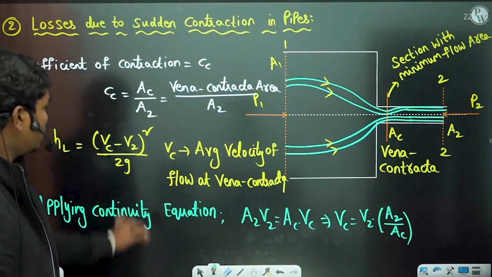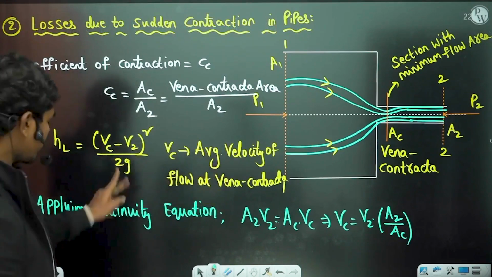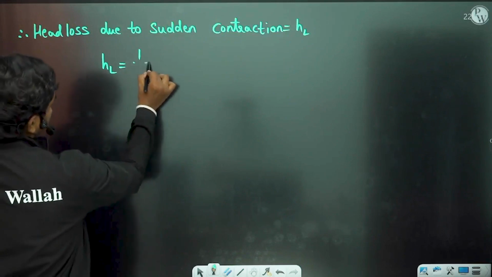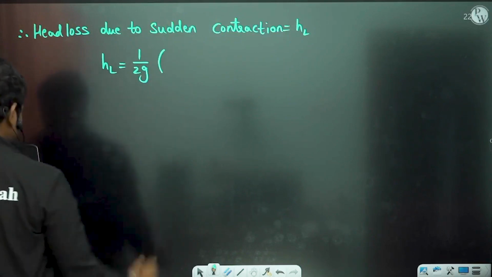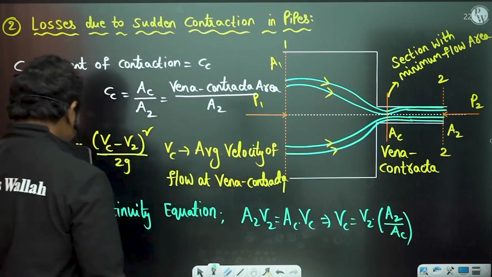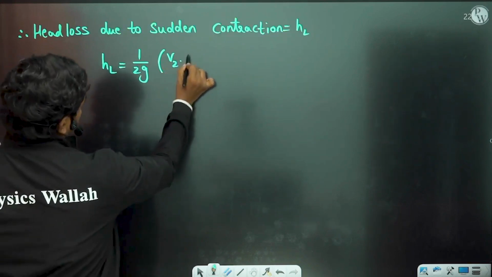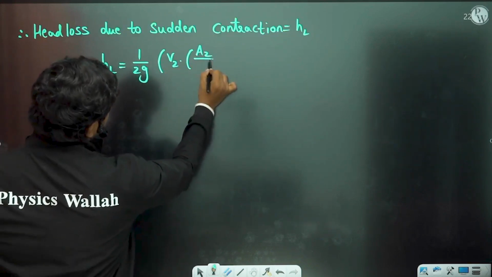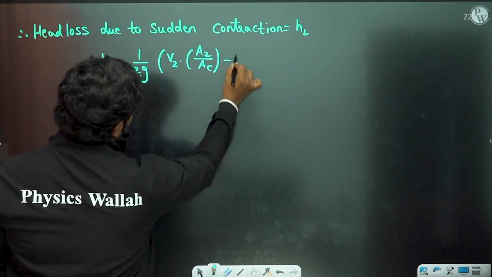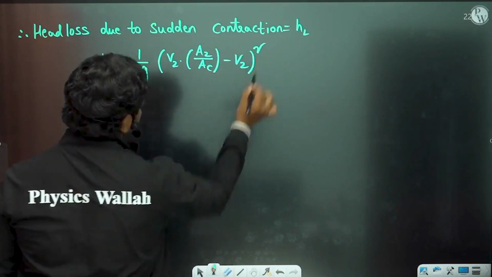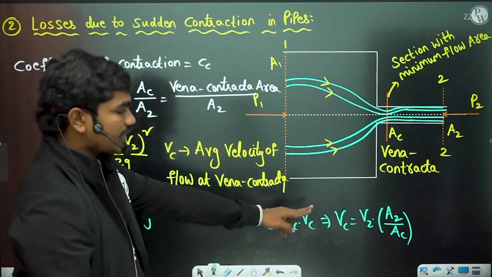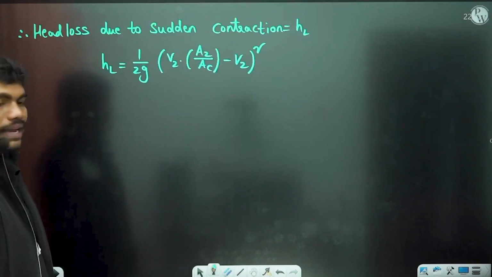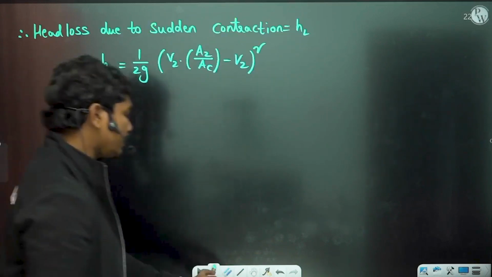HL is equal to (Vc minus V2) whole square, with 1 by 2g as a constant outside. So let us write Vc minus V2. What is Vc? V2 times A2 by Ac, minus V2, whole square, correct? Because from the continuity equation, Vc can be replaced with V2 into A2 by Ac. So we get V2 into A2 by Ac minus V2, whole square.